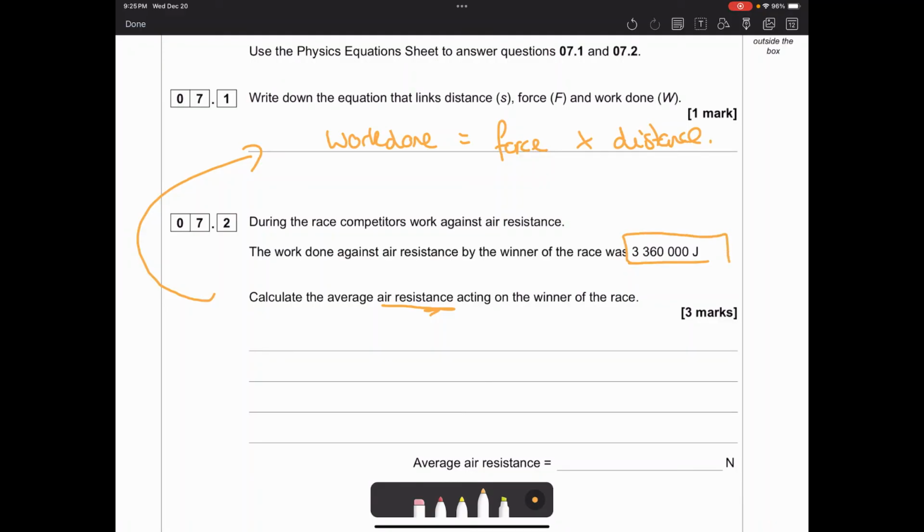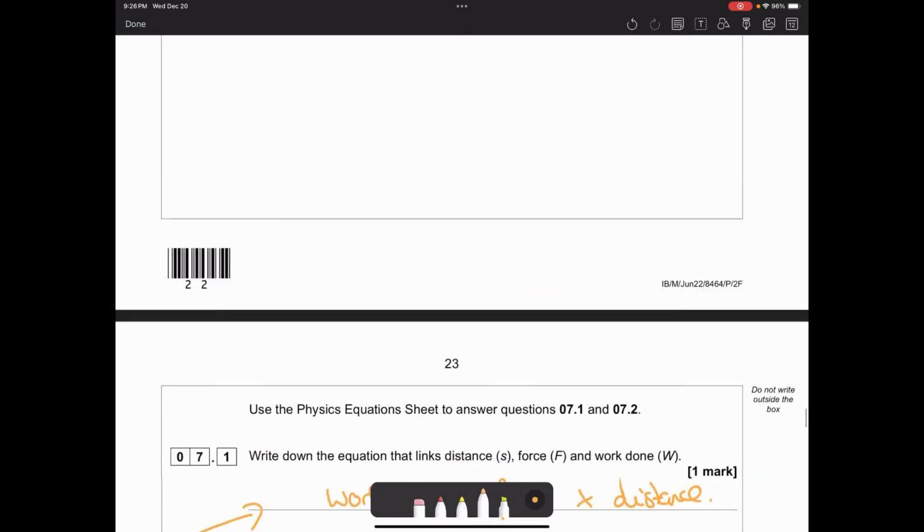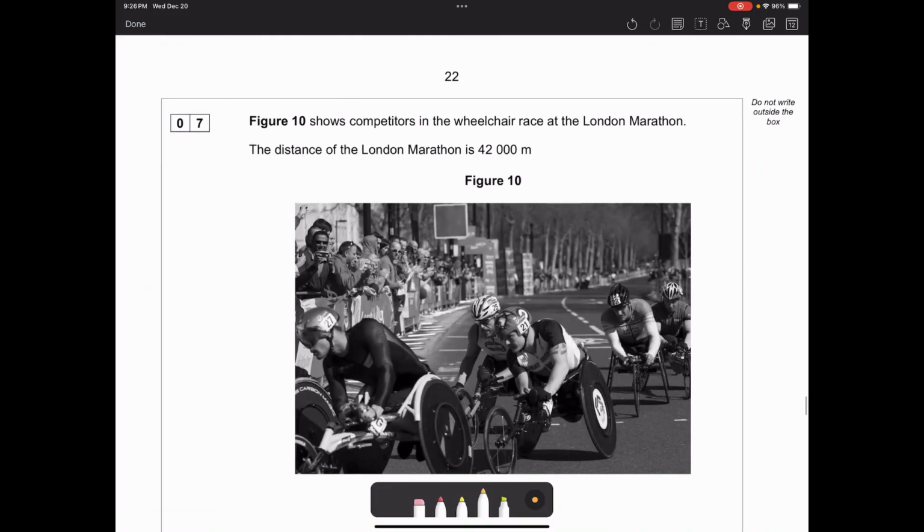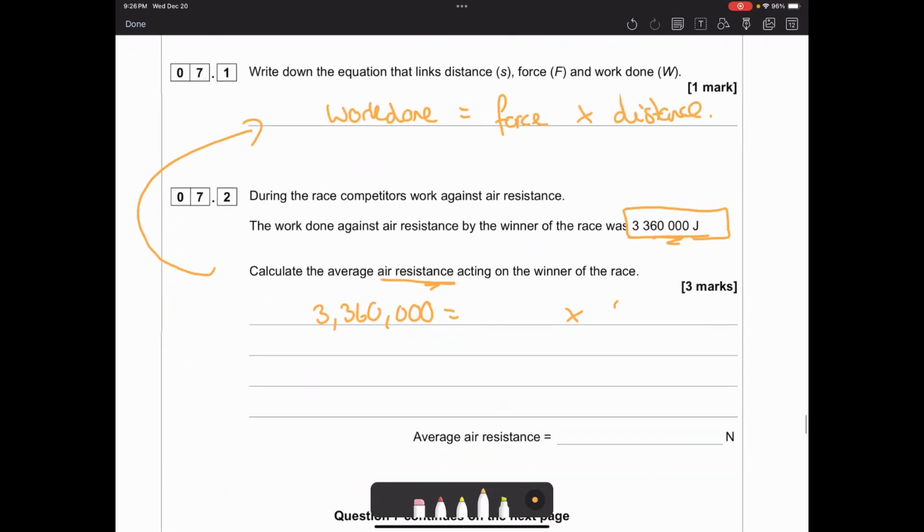So the work done is given to us. So 3,360,000 equals something times by our distance, and we've been told our distance was back on the previous page, so make sure you read all parts of the question: 42,000 metres.